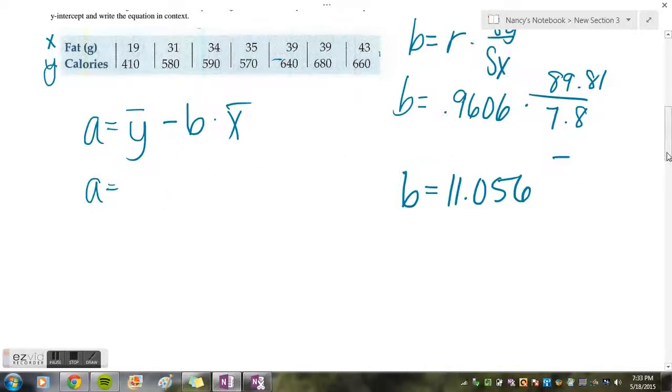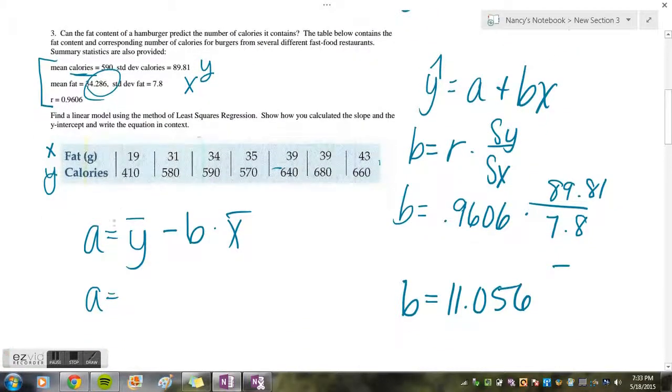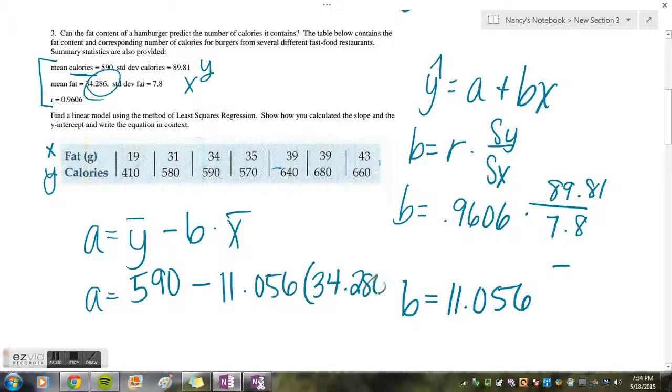So a equals y bar, which is 590, minus b, which we just solved for, so that's minus 11.056, times x bar, which they also give to you, it's the mean fat, which is 34.286. So a equals 210.954.